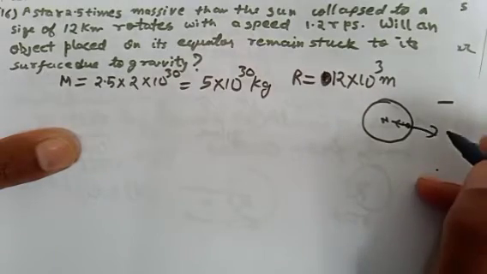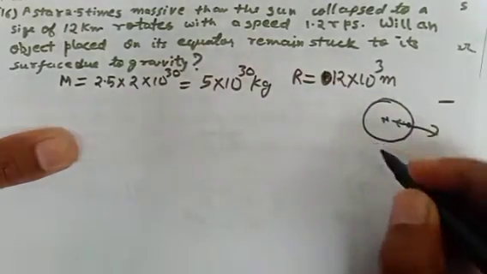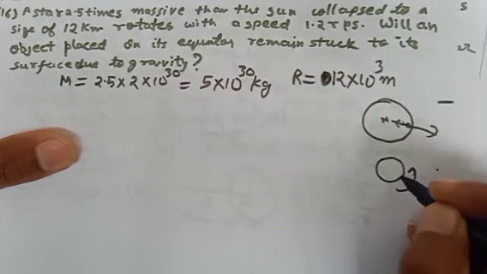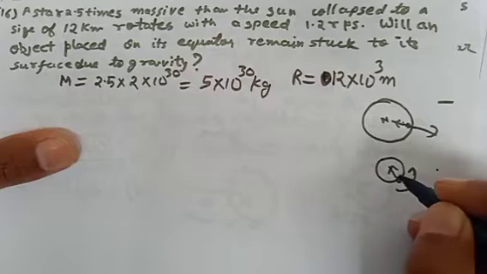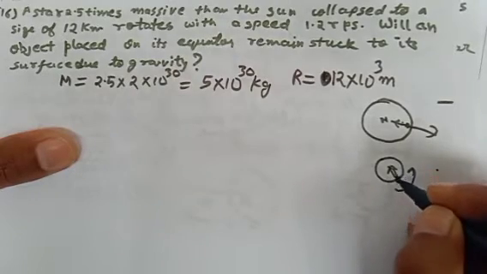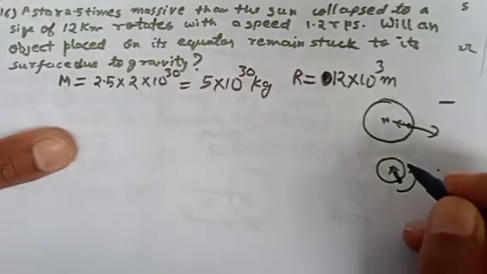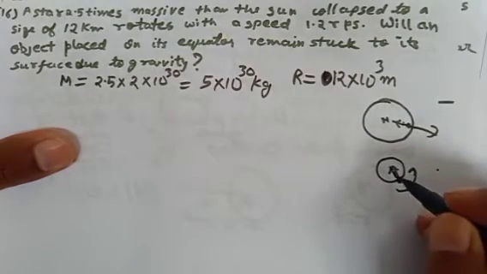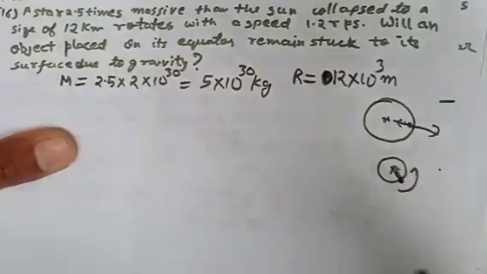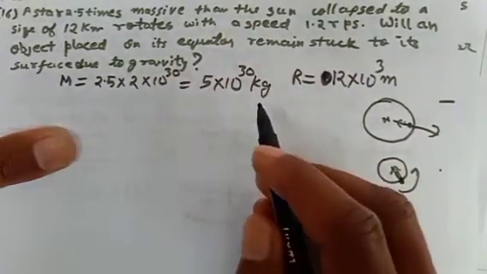Otherwise, you will be thrown out. In the same way, this star is rotating. So if some object is there, there is acceleration due to gravity. But is that acceleration due to gravity, and due to that the gravitational force, enough to give it centripetal force? So let's see. First, what we will do, we'll find acceleration due to gravity.